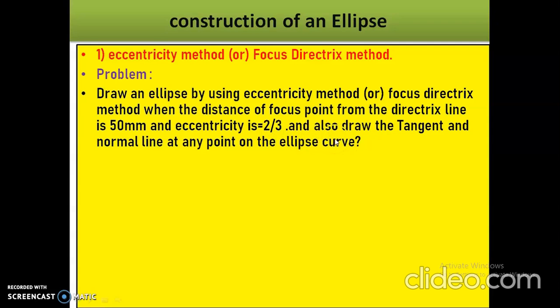So we have to draw an ellipse and also draw the tangent and normal line at any point on the ellipse curve. So this is our question.